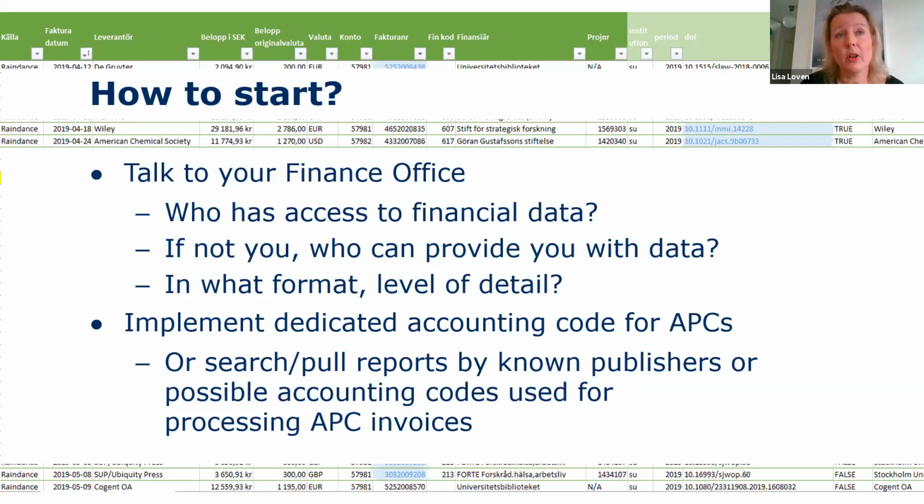I have the advantage of working together with the library's business controller, and I guess not all libraries have their own controller with enhanced access to the accounting system and knowledge and skills regarding bookkeeping and so on.